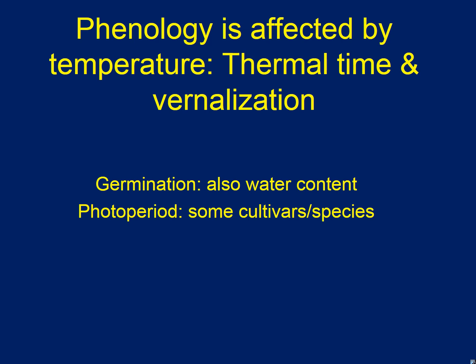Apart from temperature, the plants require also an adequate water content for germination to occur. The seeds need to get hydrated before germination occurs, and also in some cultivars of some species we have a response to the photoperiod.